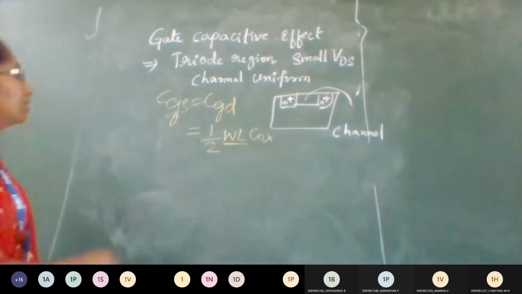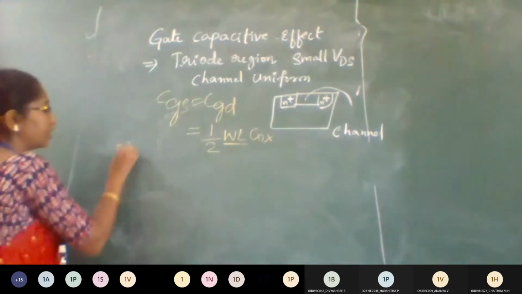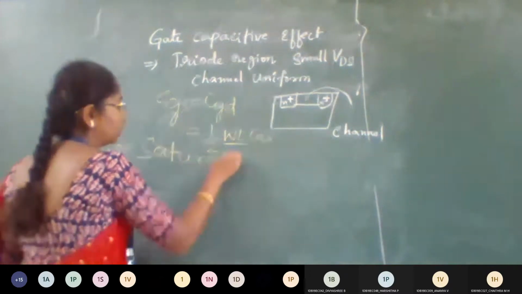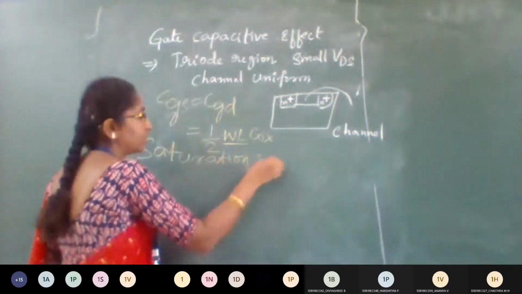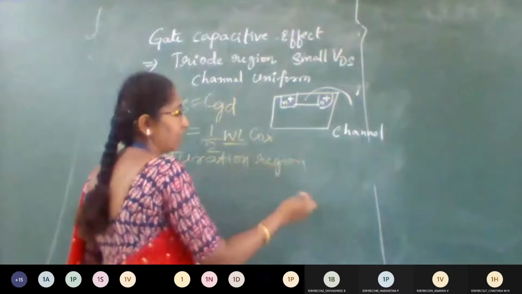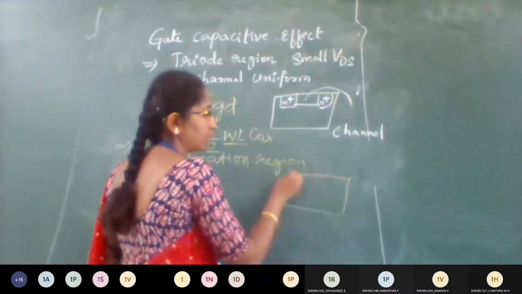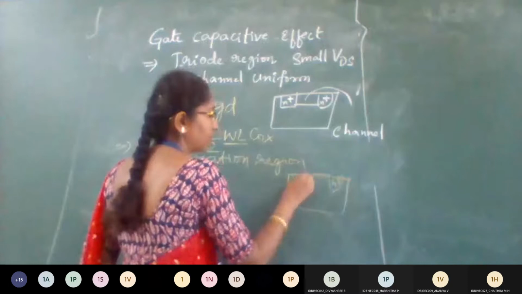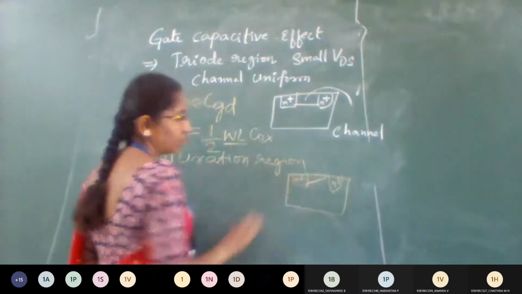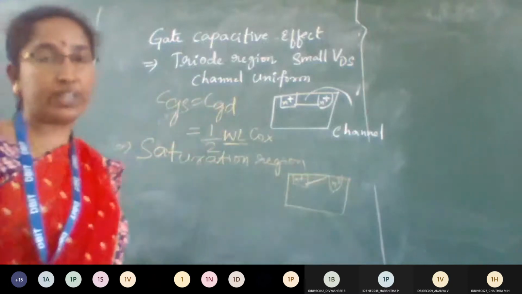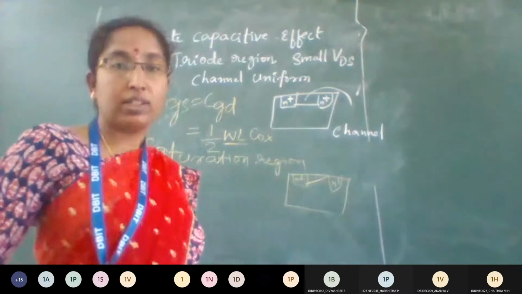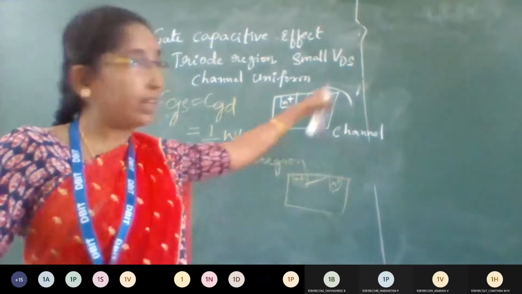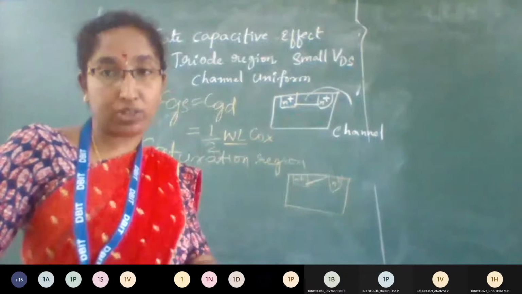Next, we'll move on to the saturation region. In the saturation region, VDS is large, and the channel is going to be pinched off due to large VDS. As you increase VDS, the electrons from the source and body all move towards the drain because of high potential.